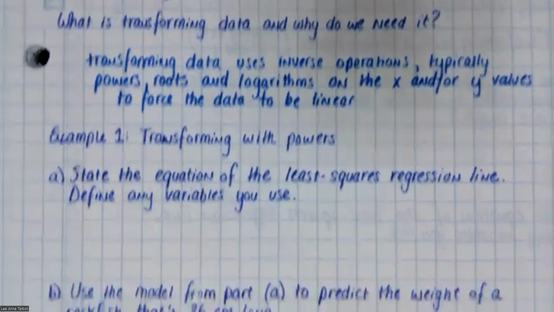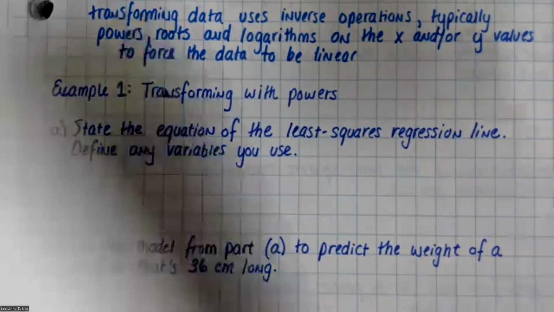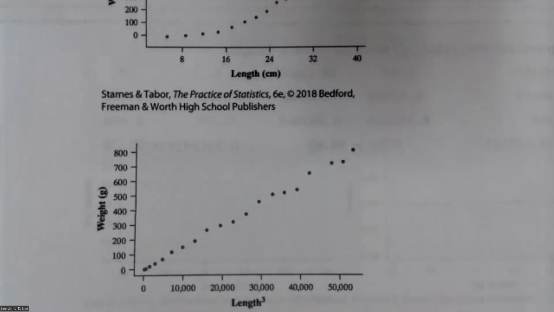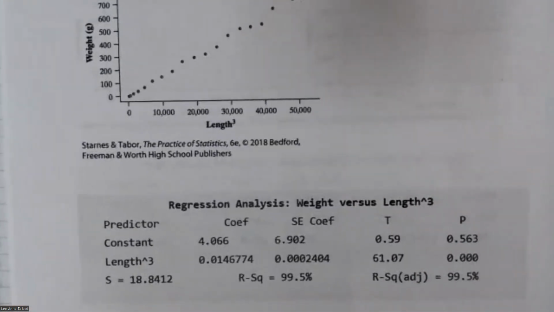Okay. Now, we are going to state the equation of the regression line. So come over here. And we're going to label a couple of things, and I'm going to highlight a couple of things. So if you have a highlighter, go ahead and grab it.